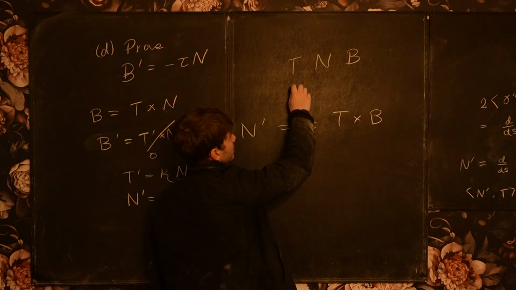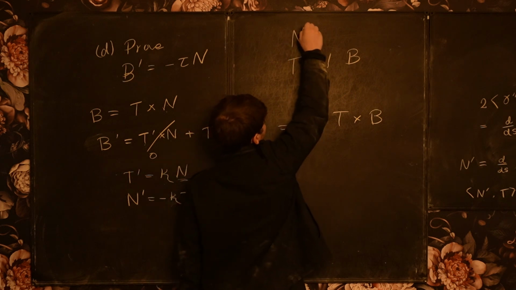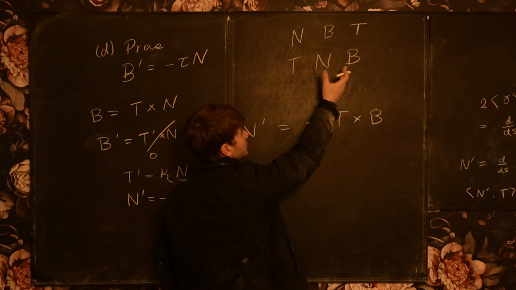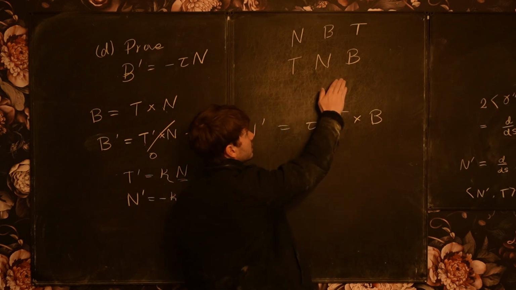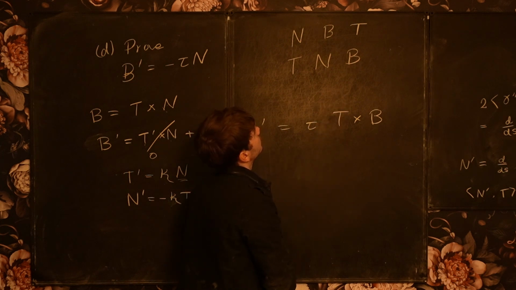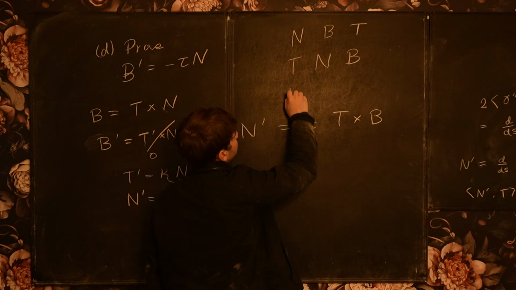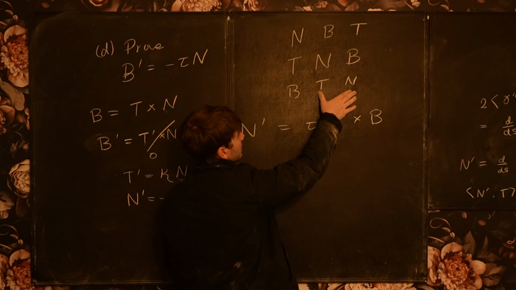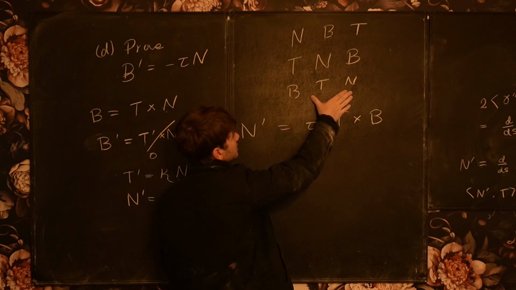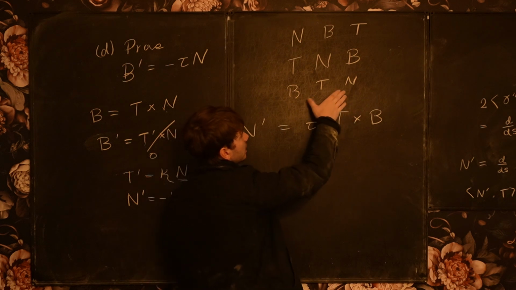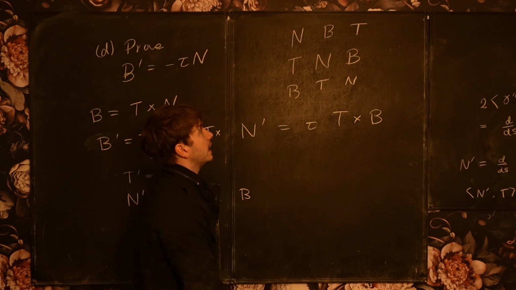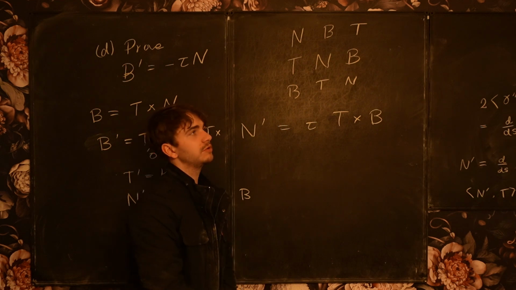Okay, so let me just explain what I mean by that. What I mean by that is if I perform cyclic permutations of n, b, t, picture just rotating all of these letters, shifting them all to the right. If I shift t and b to the right by 1, I get b, t, n, and then shifting b, t, n to the right by 1, where I put n at the beginning of the rotation, I get n, b, t. Okay, so these are what's called cyclic permutations.